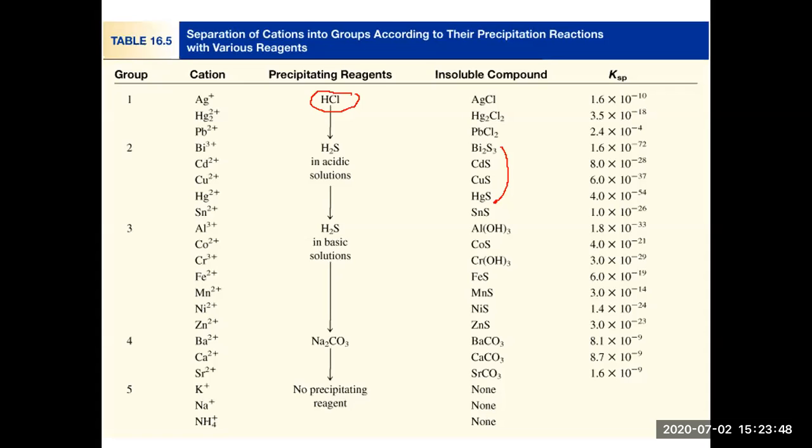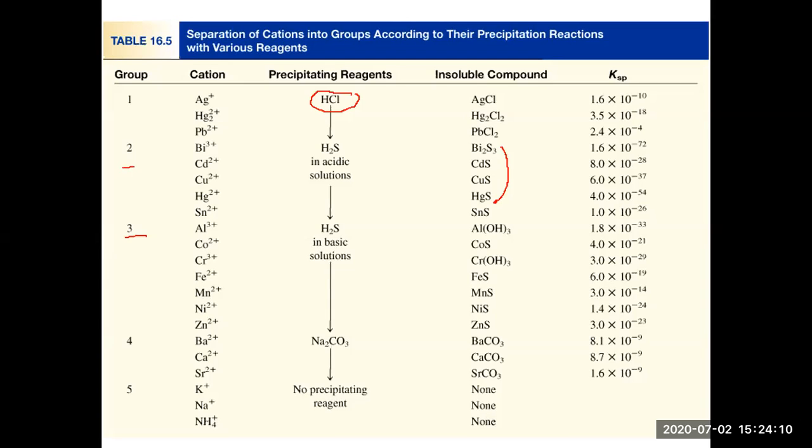The difference between group 2 and group 3 is that for group 3 to come out as solids, you need a basic pH, while for group 2 to come out as solids, you need a pretty acidic pH, something like 0.5.